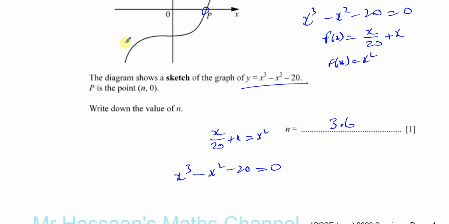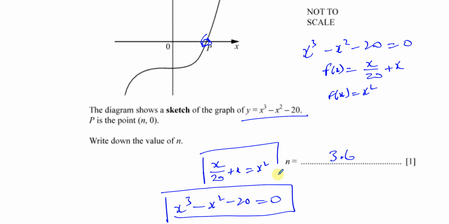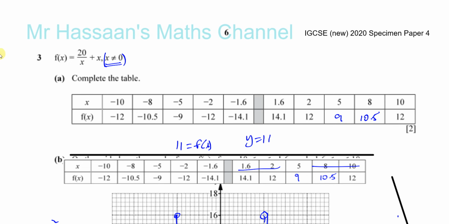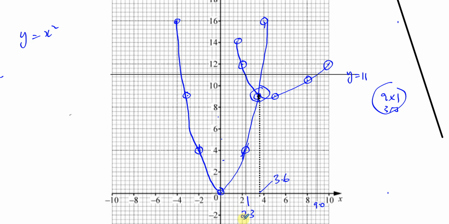What we've drawn here is a sketch of this. That's what we've been given. It equals 0 at the point P. The point P is the solution to this equation. So it's also the solution to the other equation, because this equation comes from that equation, and the solution to that equation is where they intersect. So that's where we got it from in this graph. Where they intersected was the point where x equals 3.6. So there's the answer. I hope that was clear and understandable.